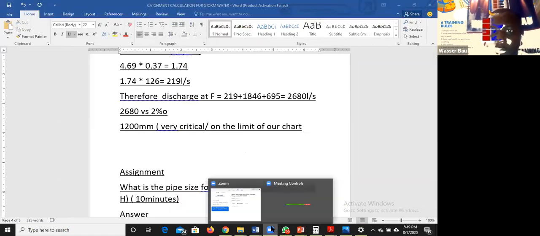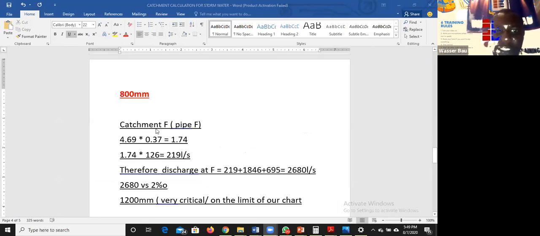So you now see that for catchment F, although the catchment is small, the actual discharge falling on it, or the runoff itself, is only 219 liters per second.